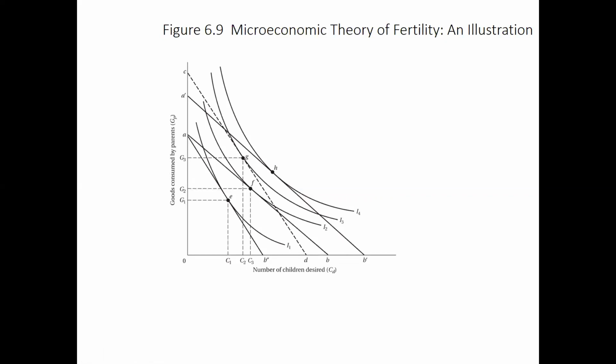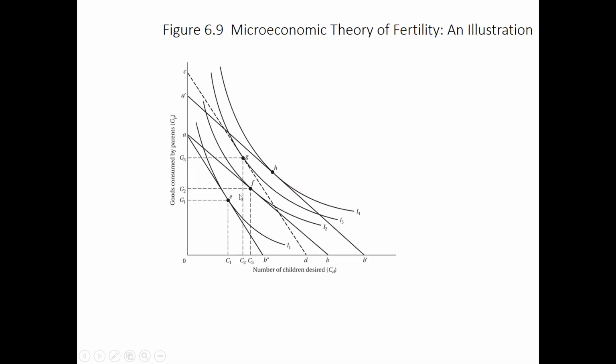And so you can see, just like within microeconomics, how as the price of having children goes up, for example, we move from this AB budget line to this budget line. People have indifference curves that describe their preference for having children, how much they like children, and how much they like consuming other goods, and then they make an optimal choice to reduce the number of children they want to have as the price of children goes up.